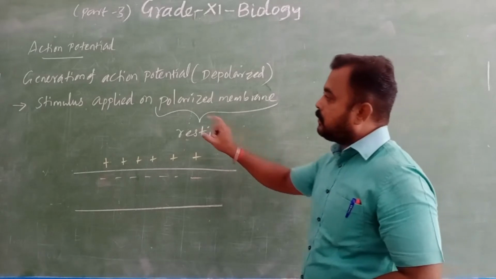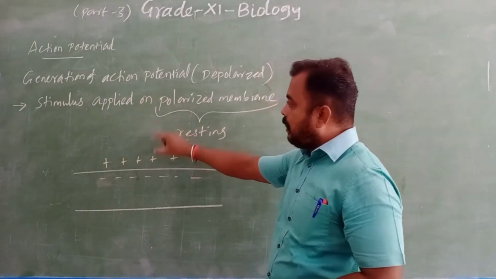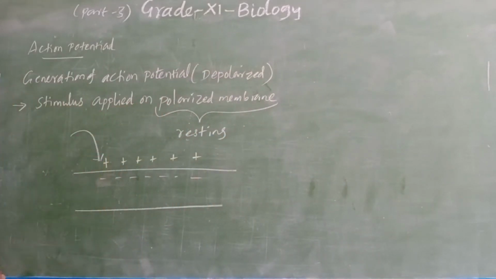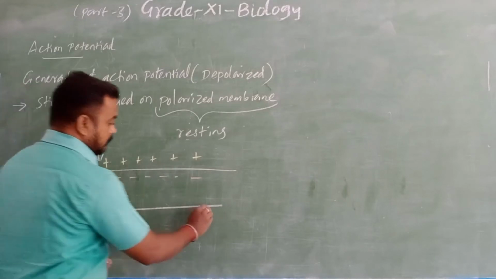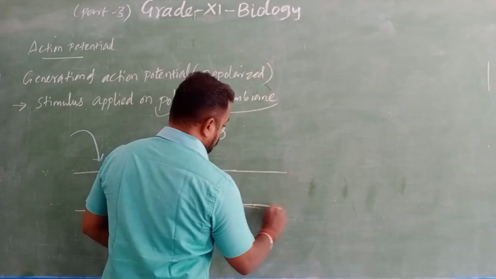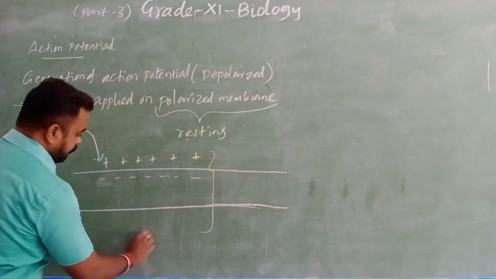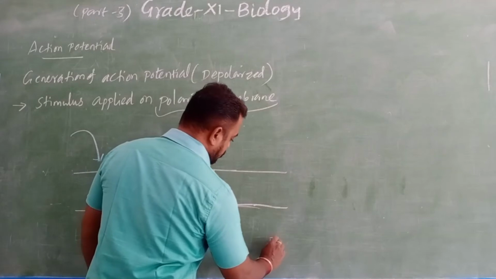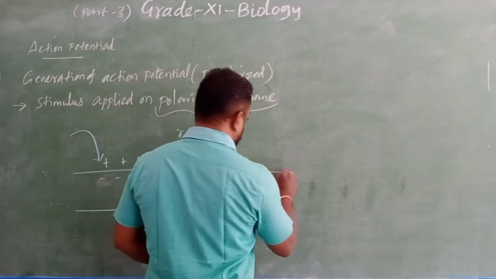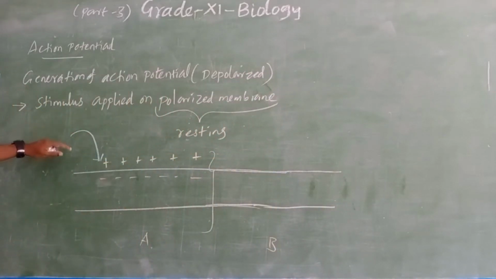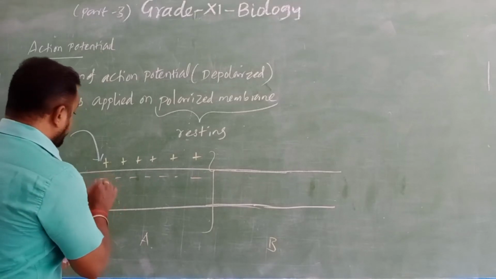So what happened? The stimulus is applied on the resting stage. If this is region A and this is region B, it is a neuron. When the stimulus is applied on the resting stage, the ion channels open.